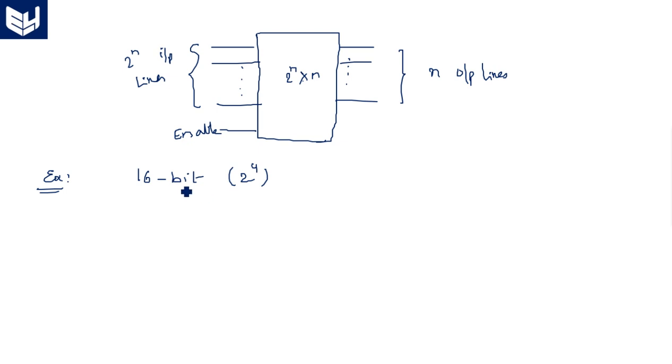When we transmit this 2 power 4 data from one point to another, it is going to be encoded. Here we have an encoder, and this encoder will produce only 4 bits of information. This 4-bit information will be transmitted to the other end. This is what encoded information is.